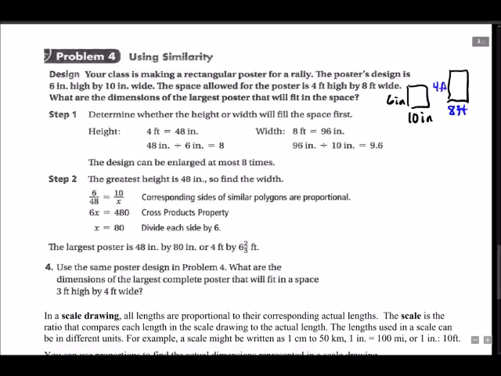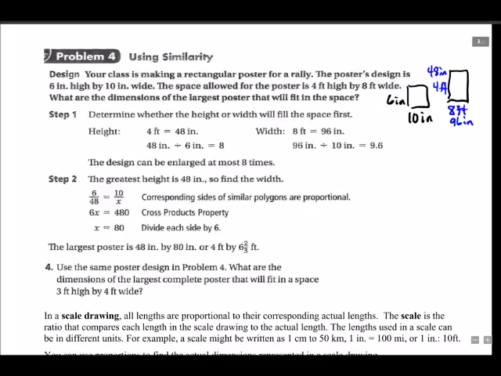Now the first thing I'm going to do here is match up my units so that everything is easier. So 4 feet turns into 48 inches, and 8 feet times 12 is 96 inches. And we need to see how this poster is going to enlarge.